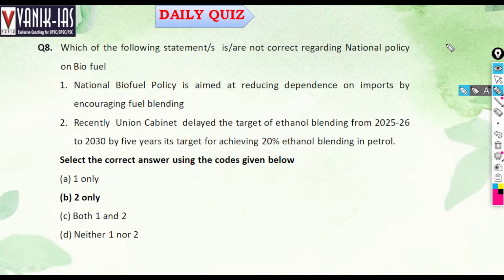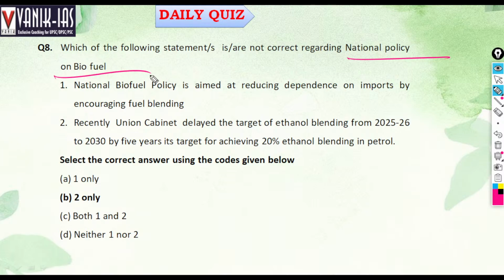Which of the following are not correct regarding the National Biofuel Policy? National Policy on Biofuel is aimed at reducing dependence on imports by encouraging fuel blending.